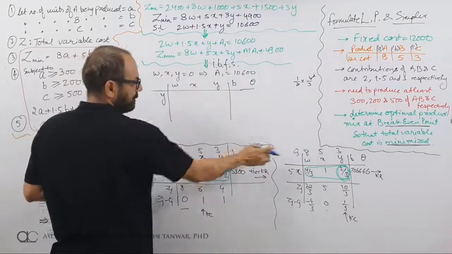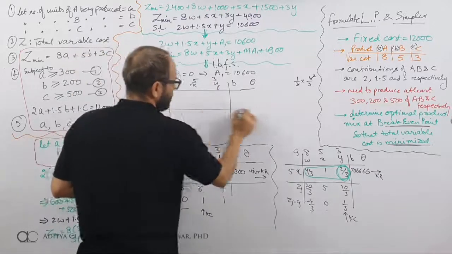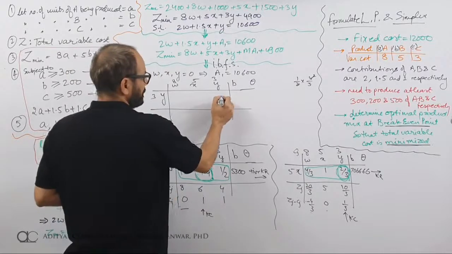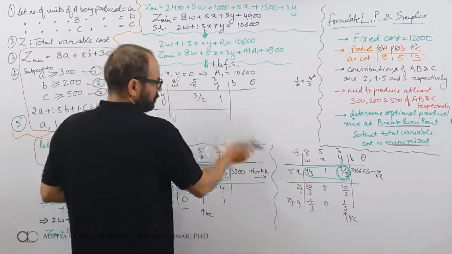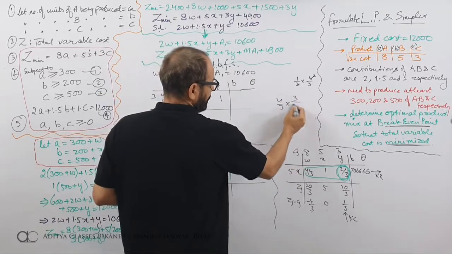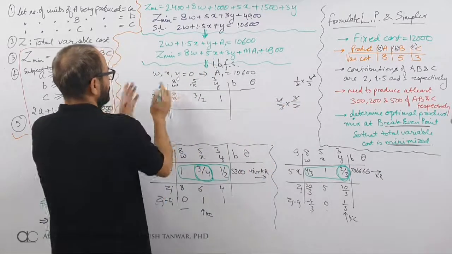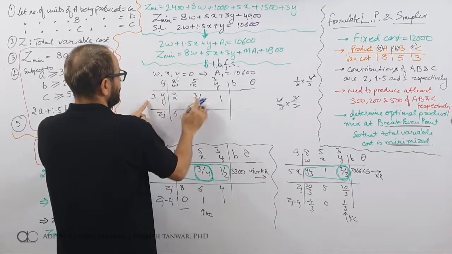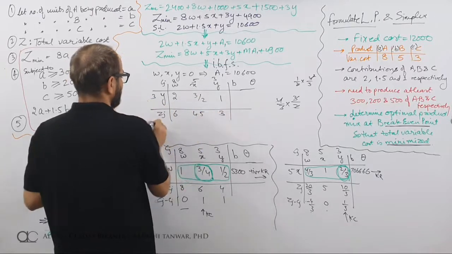We have Y, contributions are 8, 5 and 3, Y contributing 3. Transfer key row by dividing it by key element. 2 by 3 divided by 2 by 3 would be 1. 1 divided by 2 by 3 would be 3 by 2. 4 by 3 divided by 3, this will be 2. I have Cj, I can have Zj, 3 2s are 6, 3 3s are 9, 4.5, giving me 3.